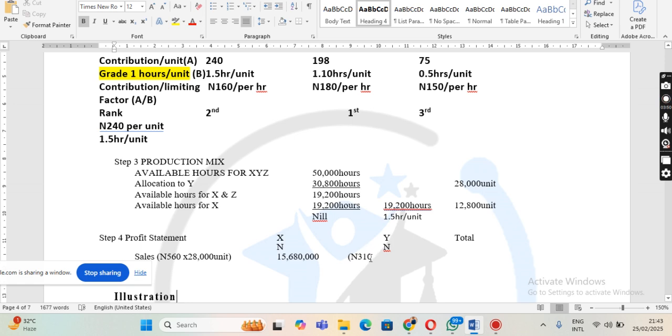So for Y, the units will change. It will be 12,800, not 28,000 as for X. You are following. Thank you.